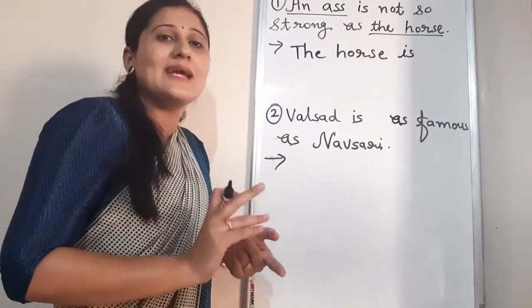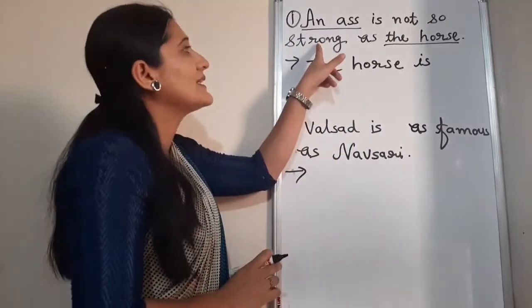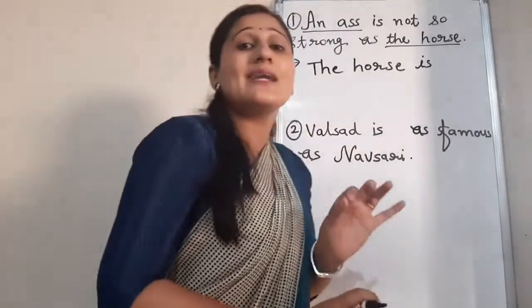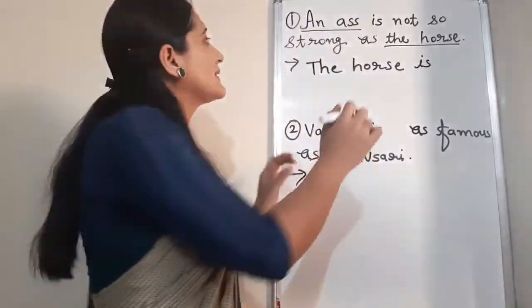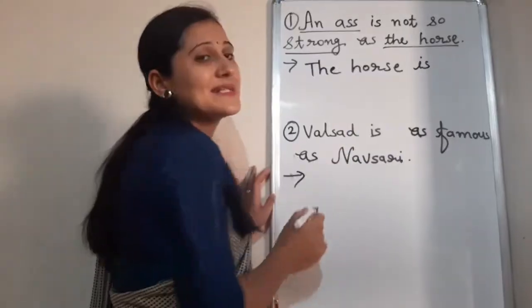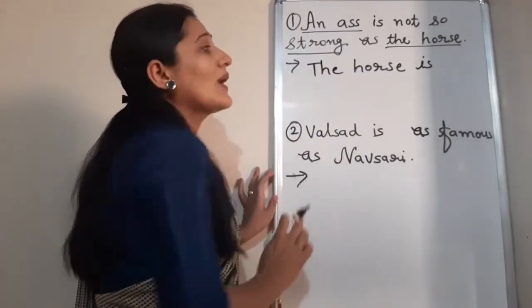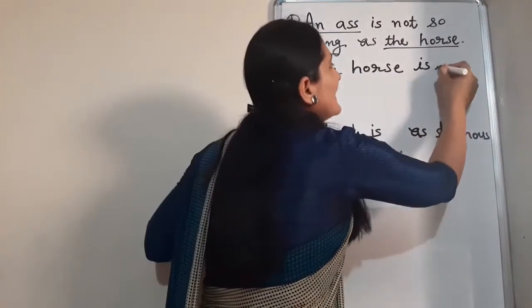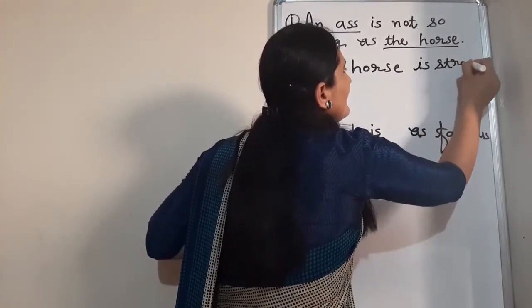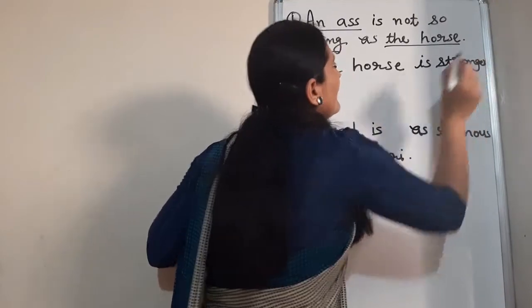Er at the end of the adjective, right? So here which is the adjective? This is very important. You need to find out where the adjective is. So here strong is an adjective. So we need to add er at the end of the adjective. The horse is stronger.